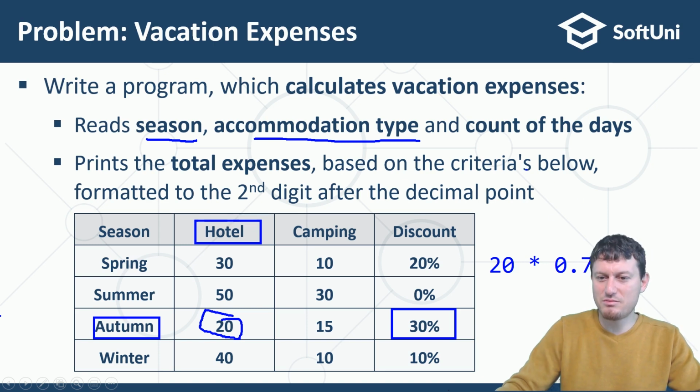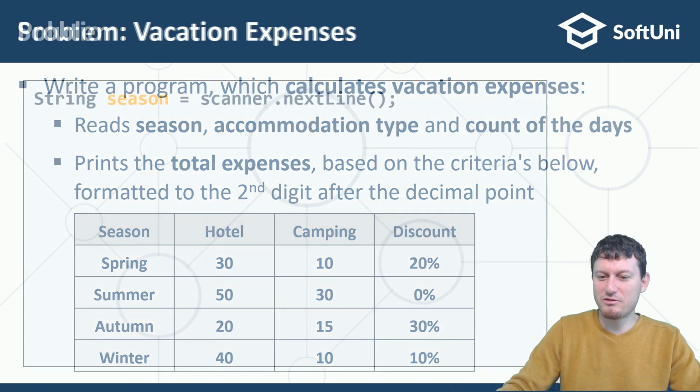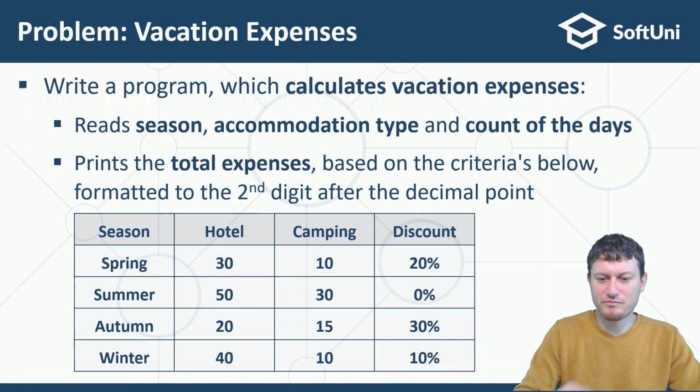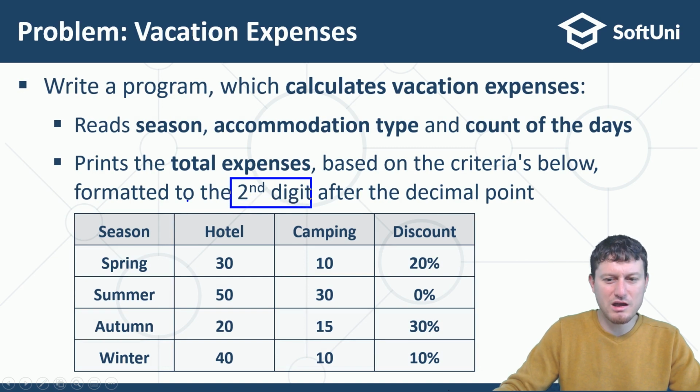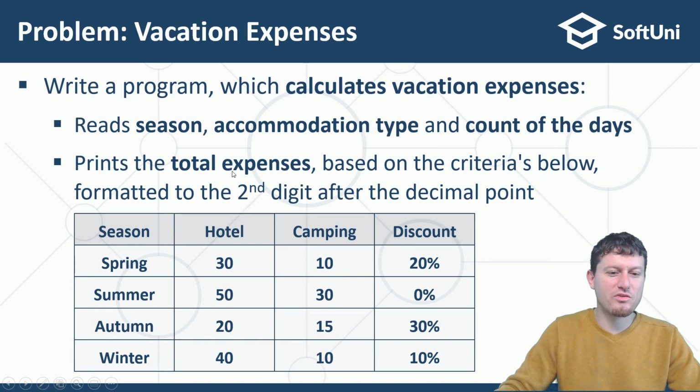For example, it might be 5. So this is how this works. We don't have an example here. Oh, it's a big mistake in this problem, but we should format the output up to 2 digits after the decimal point.